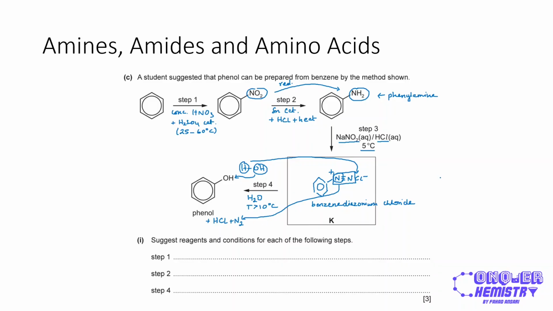So that is the production process of phenol using phenylamine, and in the middle, benzene diazonium chloride.